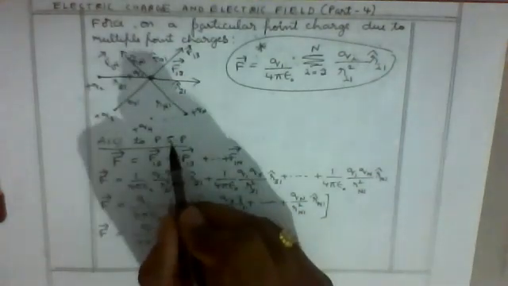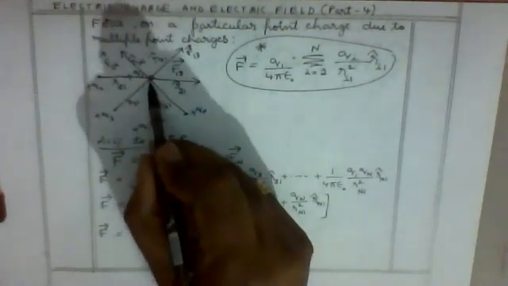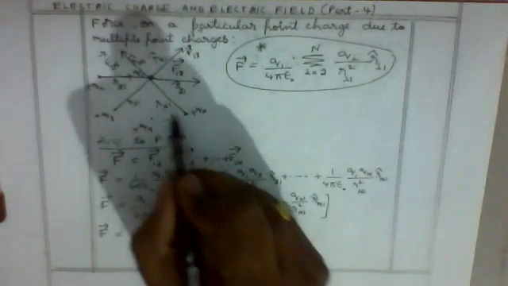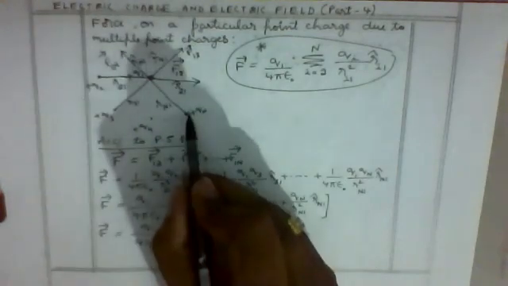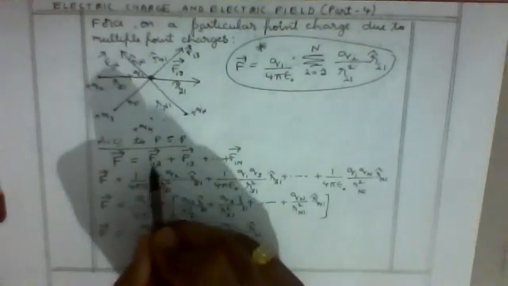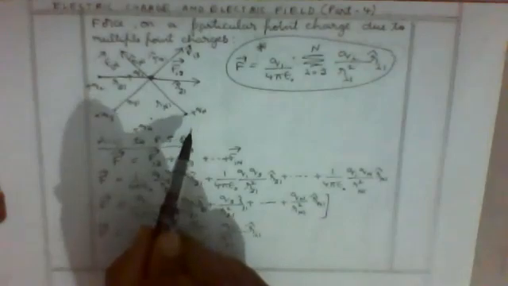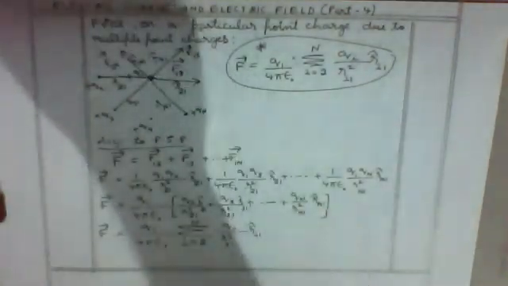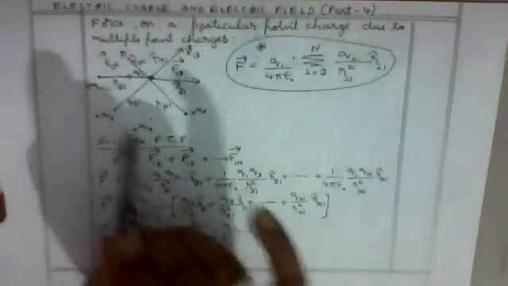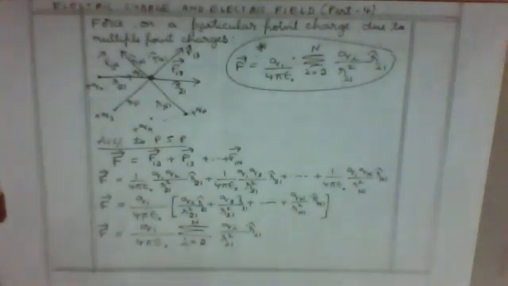According to the principle of superposition, the force acting on one particular point charge due to multiple point charges is given by the vector sum of forces produced by the individual point charges. While calculating one force, just ignore the presence of other point charges. Okay, thank you.